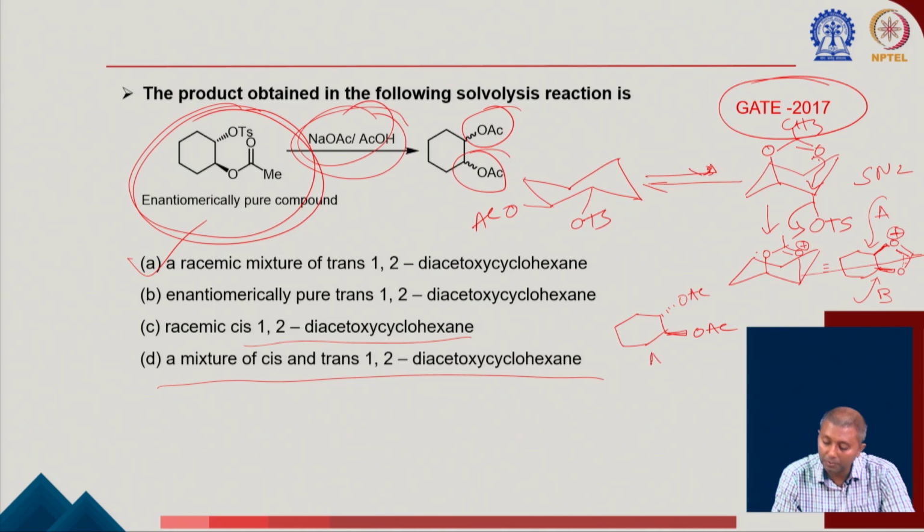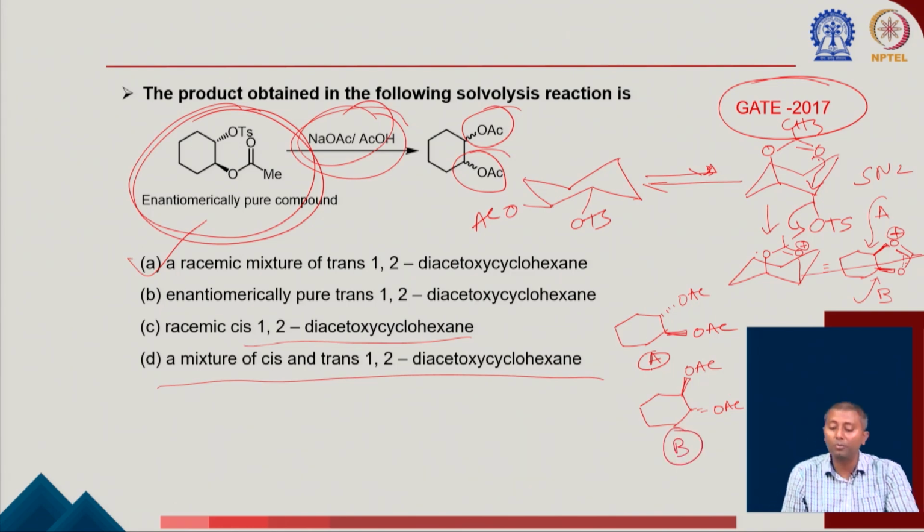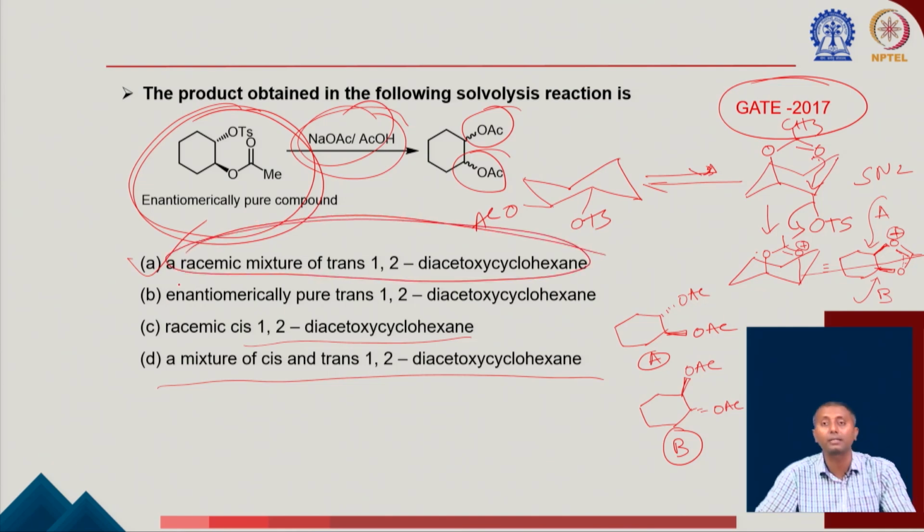So this is via A, and once you are attacking via B, so what we are seeing is that at the end what you are forming, A and B, they are enantiomers to each other. So there is a 50-50 probability of attacking from either side. That's why you end up forming a racemic mixture of the trans compound. So option 1 will be the correct answer.